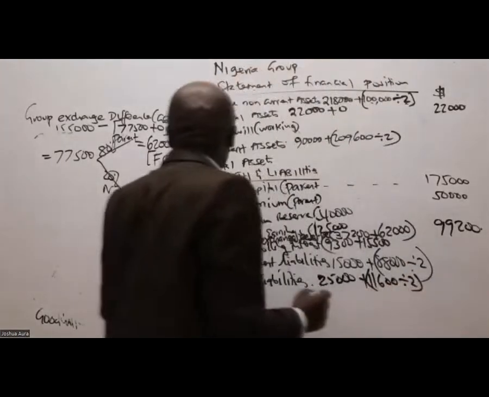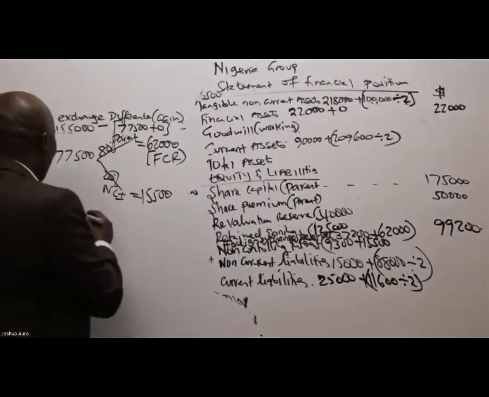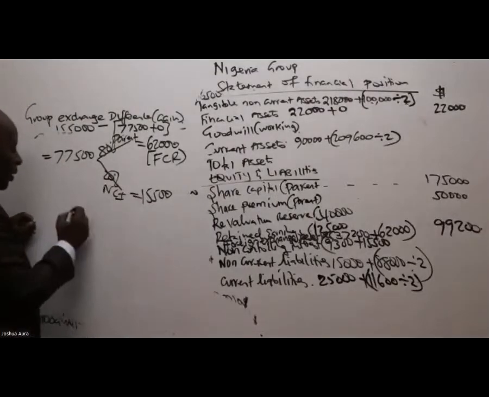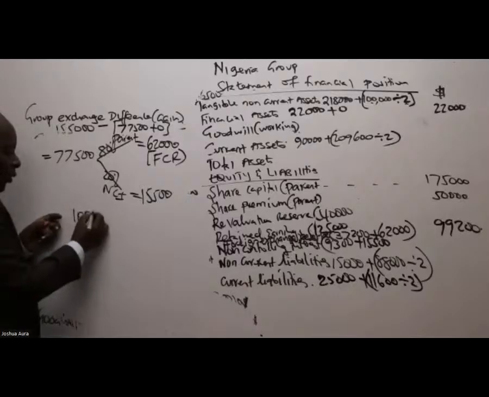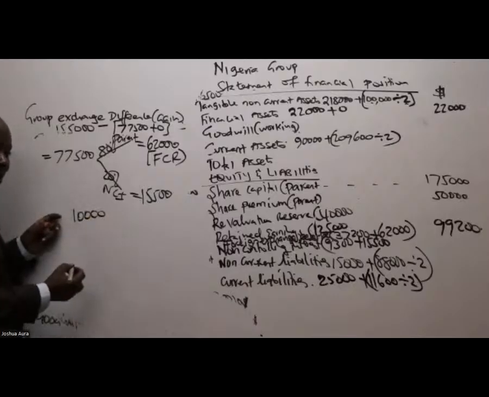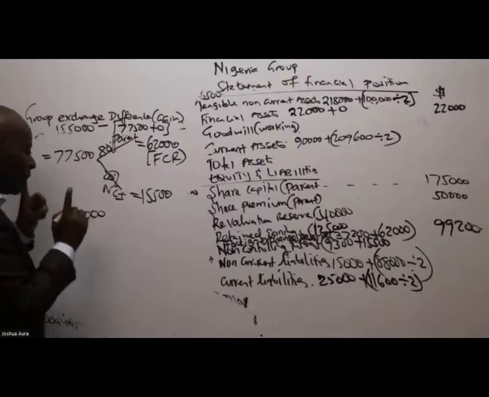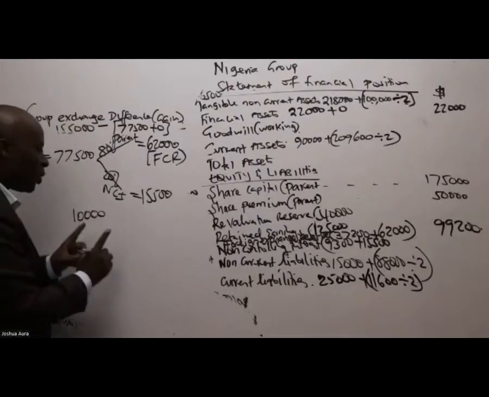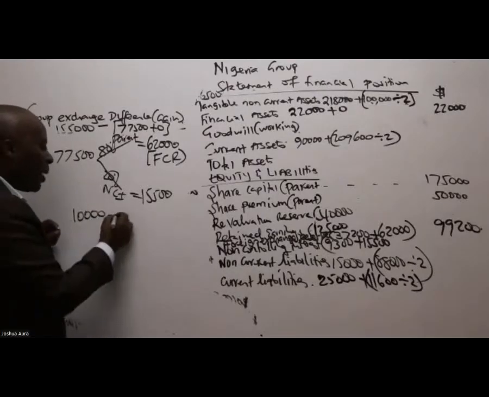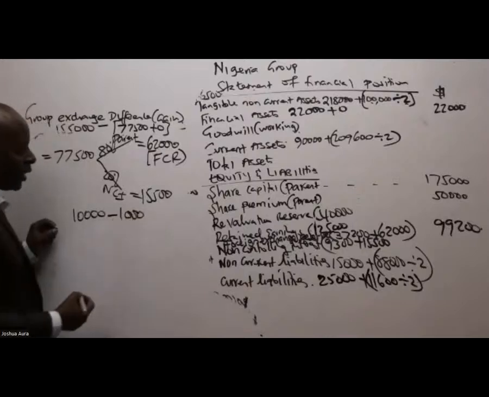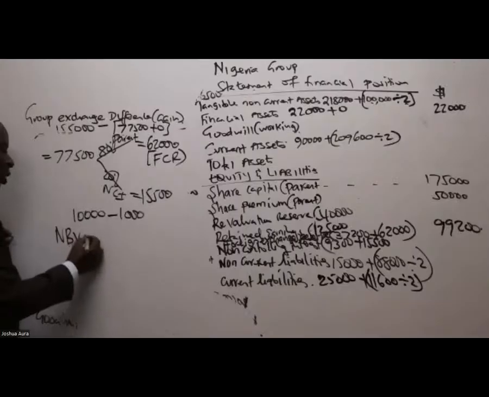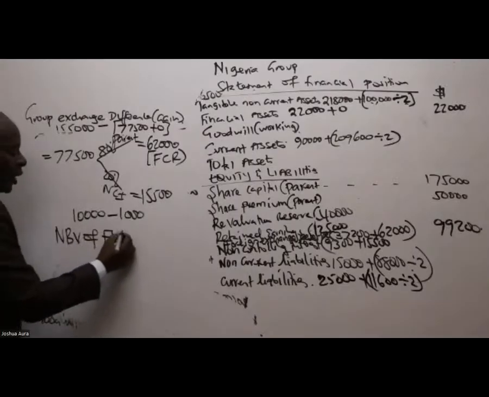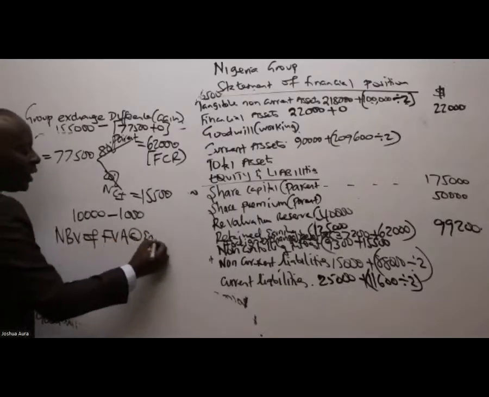This fair value adjustment, ladies and gentlemen, remember at acquisition, we did a revaluation upwards of 10,000, right? But remember that there was depreciation over 1,000. So what is the net book value of this fair value adjustment at the end of the year?